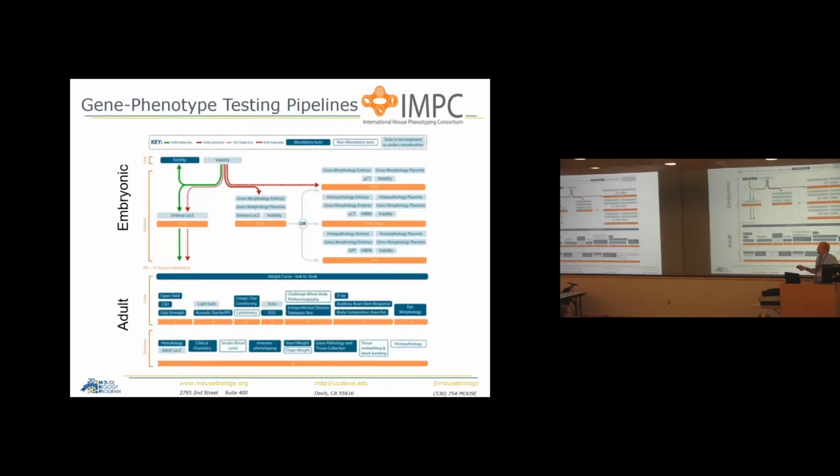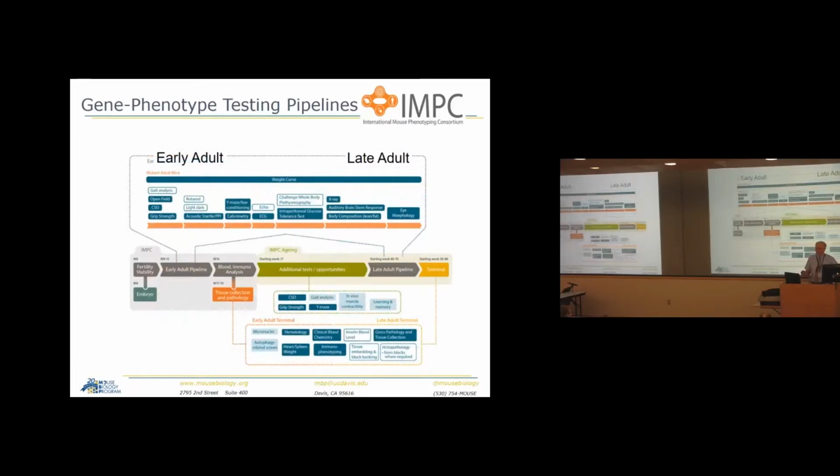So this is what we've been doing for about the first 5 or 6 years. It was just a couple of years ago we added a late adult pipeline. So this is that same pipeline I showed you before at the bottom, expanded a bit. Here's that 9 to 15 weeks again. Because now what we've done is we've taken that cohort and we do it early adult 9 to 16 weeks, and then we allow them to age, because we also started to see that about 20–30% of these lines aren't showing anything at the early adult stage.